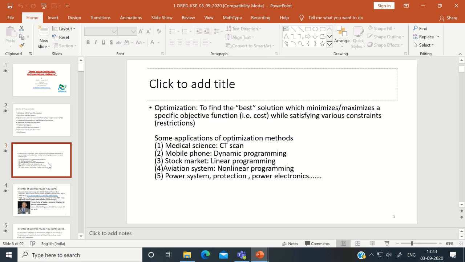I have listed out some applications of optimization. I have listed only 5 to 7 applications, but there are ample number of applications of optimization in the real world, in every engineering discipline. As far as medical science is concerned, the CT scan machine is using optimization. Then in your mobile phone, dynamic programming is continuously run to optimize its resources.